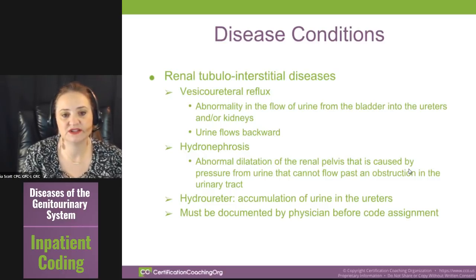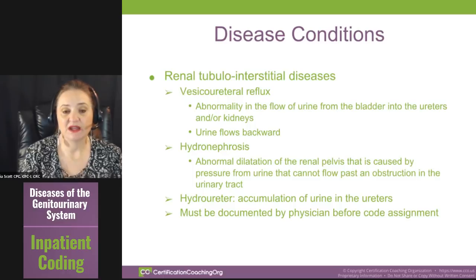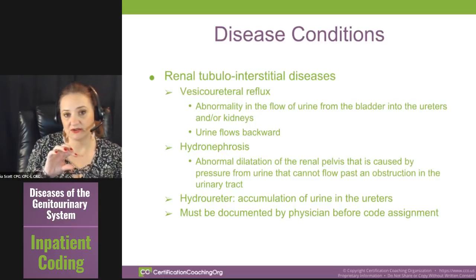Another one is vesicoureteral reflux. Now, again, you don't have backflow of urine normally. Okay, it's not normal to have that happen. If it does, then that's an abnormality, and it can cause problems, because that's more or less a sterile tract.